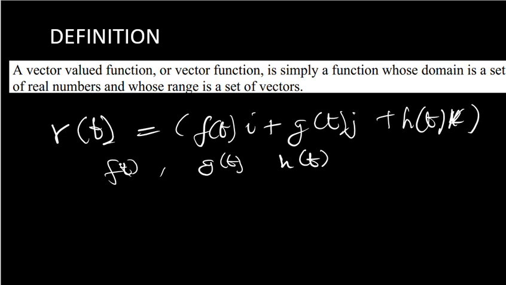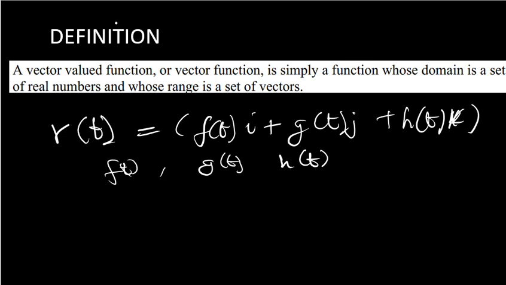And since they are defined in the form of functions, the f of t, g of t, and h of t are best described as component functions. Remember, when we compute f of t, g of t, and h of t, the output will be real numbers.